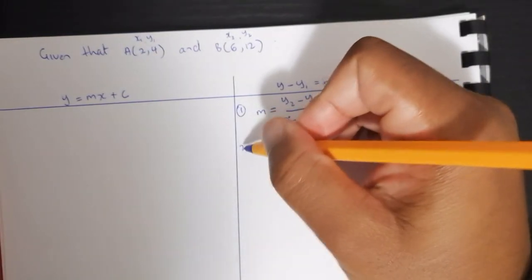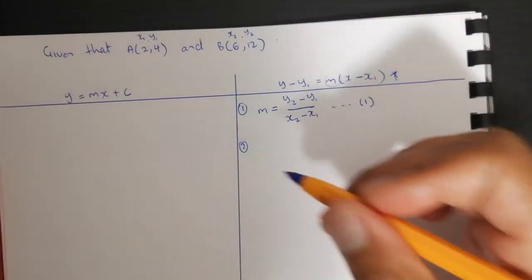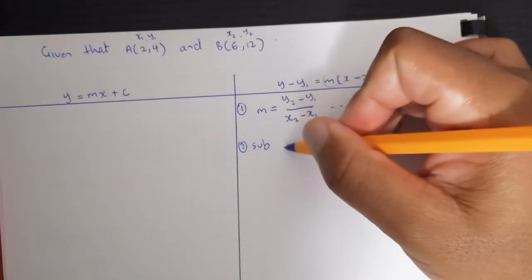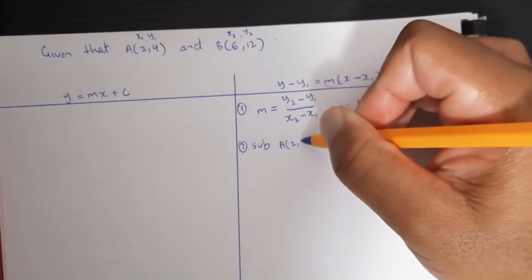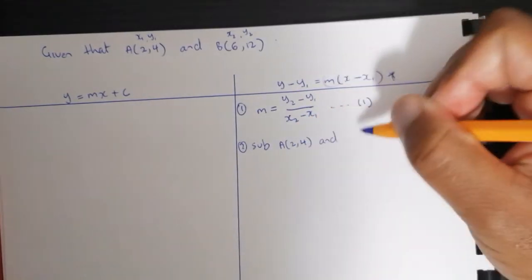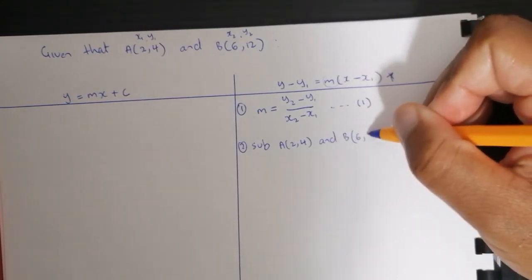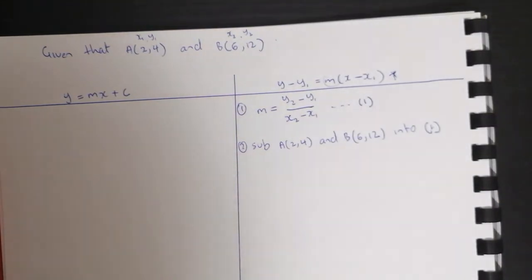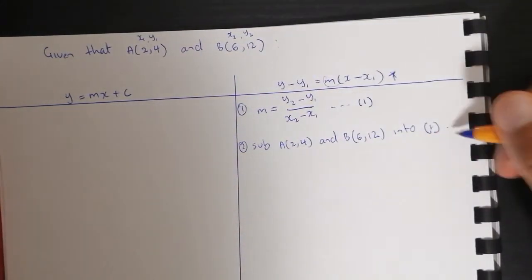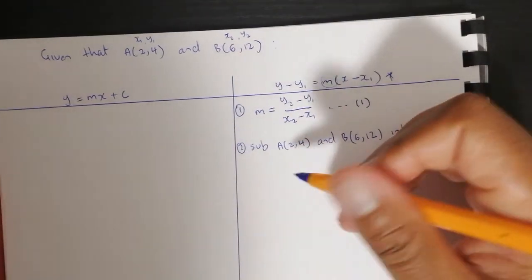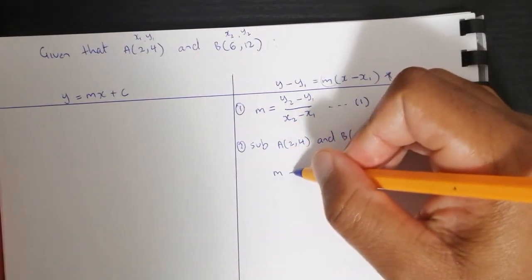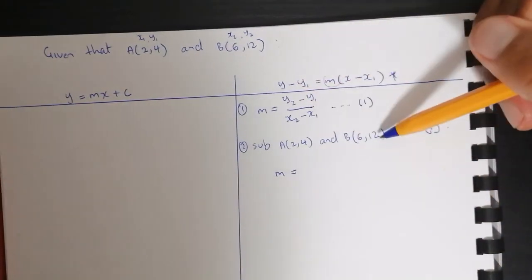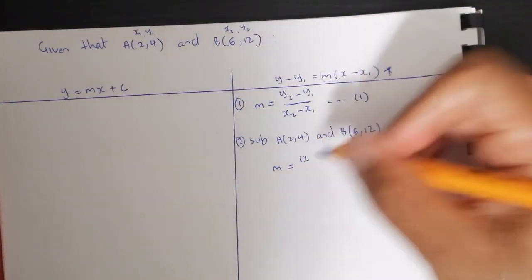So now we're just going to sub A (2, 4) and B (6, 12) into equation 1. Okay. And then here what we get is m equals, for y2 we substitute 12, so y2 is 12.